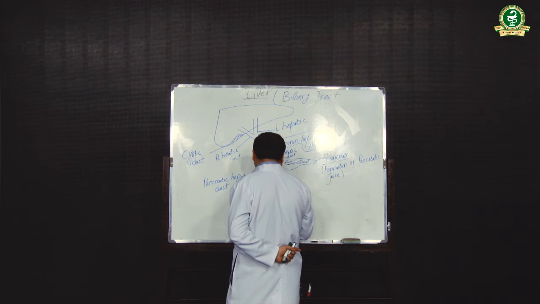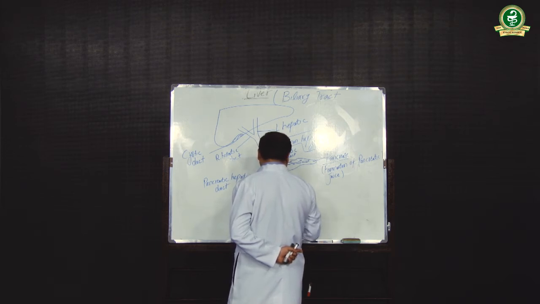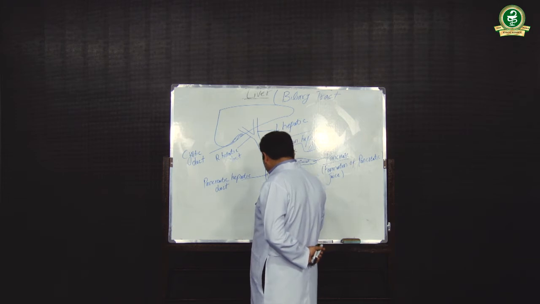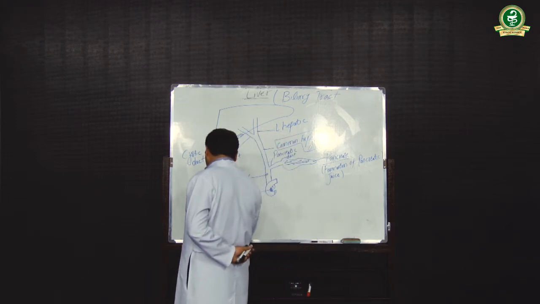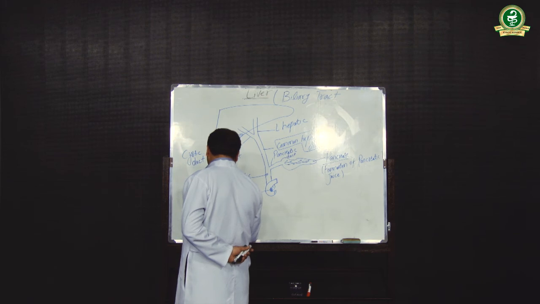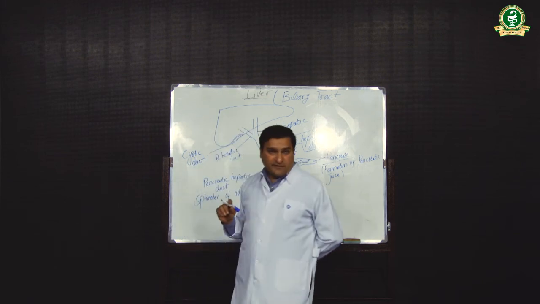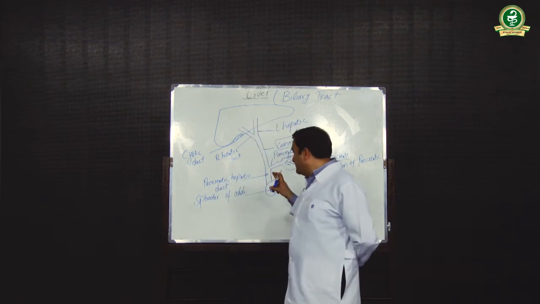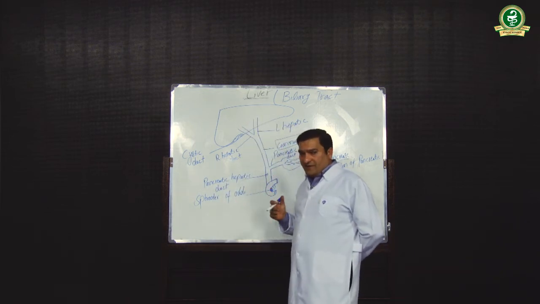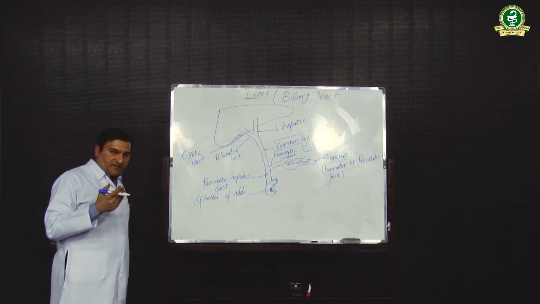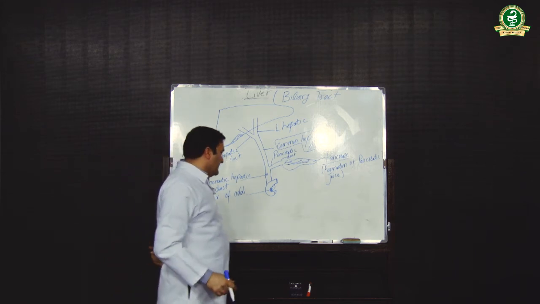There is a small part of the duodenum, the small intestine, and there is a sphincter of Oddi. It is like the door of the small intestine, but it is not shown on the anterior side; it is present at the back side of the small intestine, in the duodenum part.